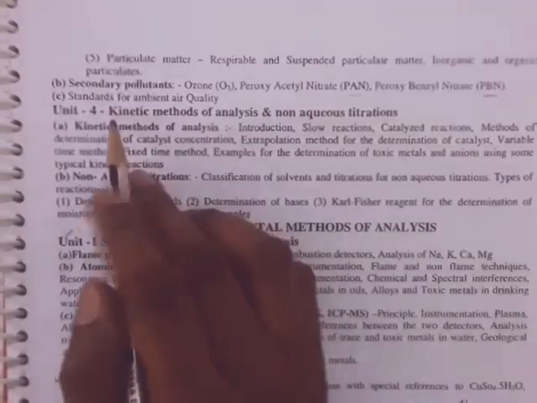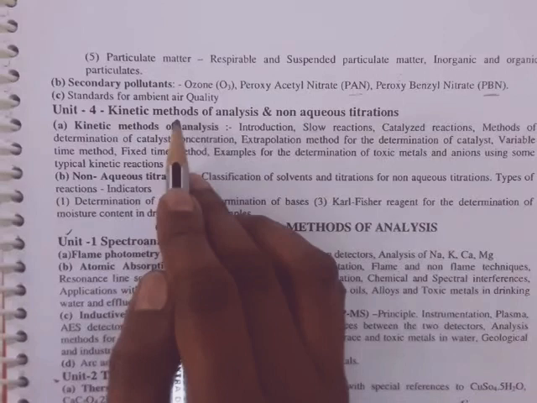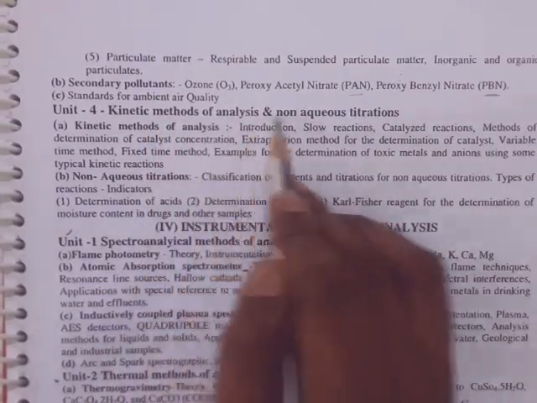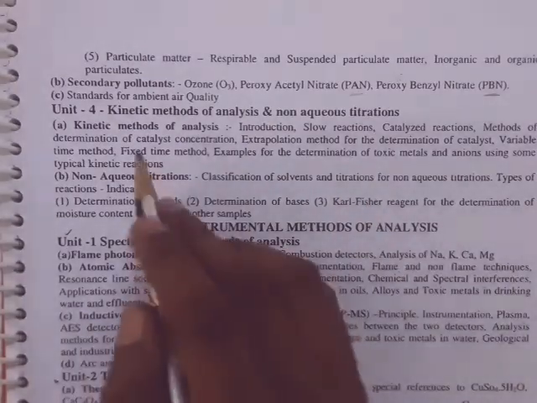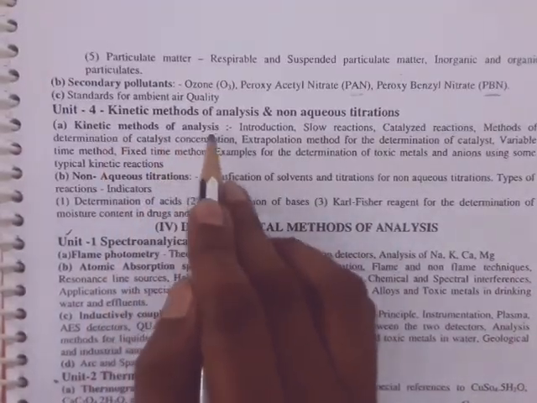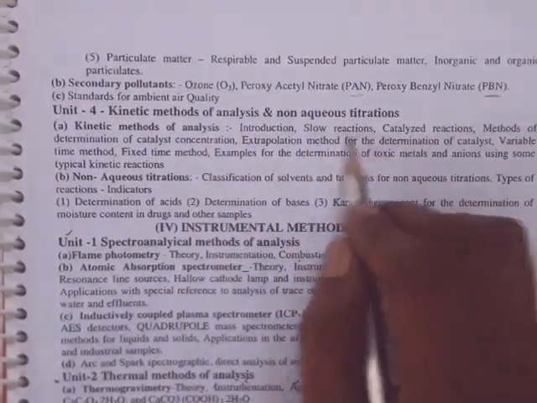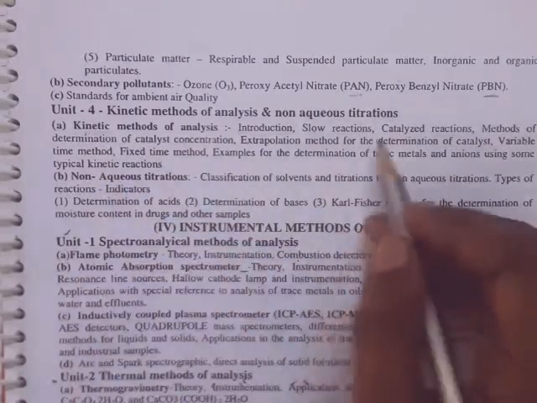Next, fourth unit, that is the last unit which is inserted in your syllabus, is kinetic methods of analysis and non-aqueous titrations. In kinetic methods of analysis: introduction, slow reactions, you know very well chemical kinetics.